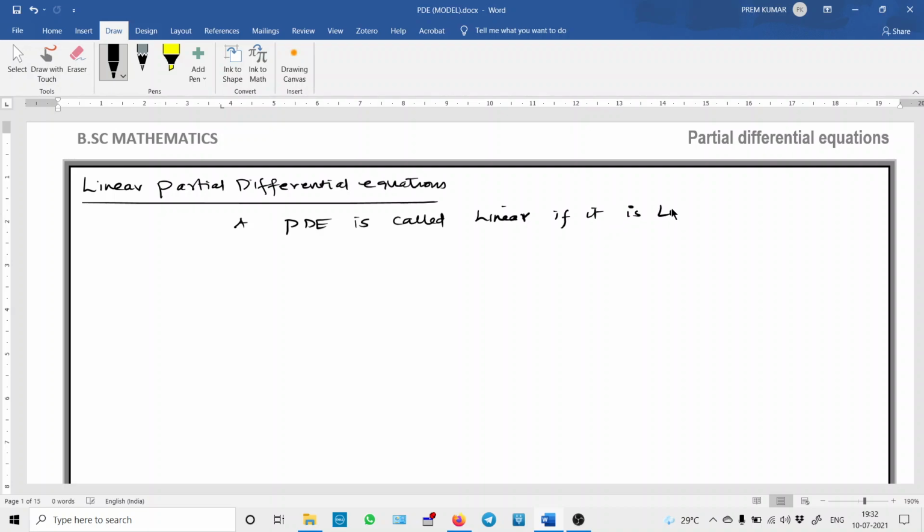it is linear in the unknown and its derivative.